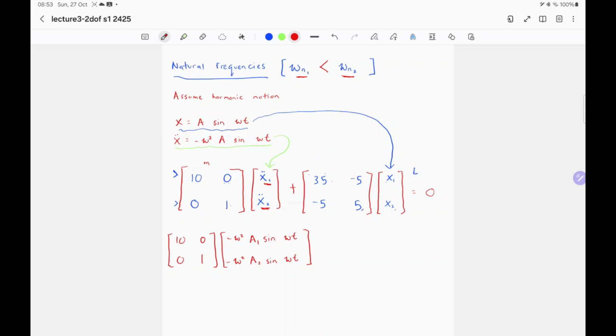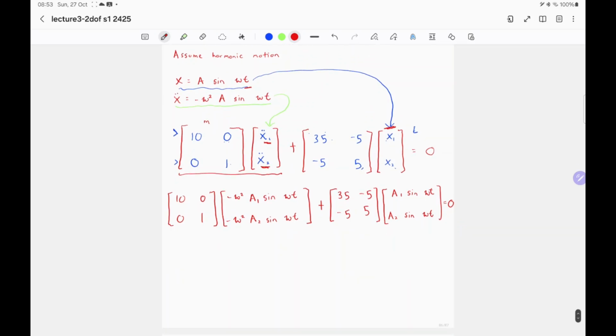Okay, so we're done with the first one. Next, we'll move to the second one. 35, negative 5, negative 5, 5. Same again, replace this in here. So x1 will become A1 sine omega t, and this one will become A2 sine omega t. And this equals 0.